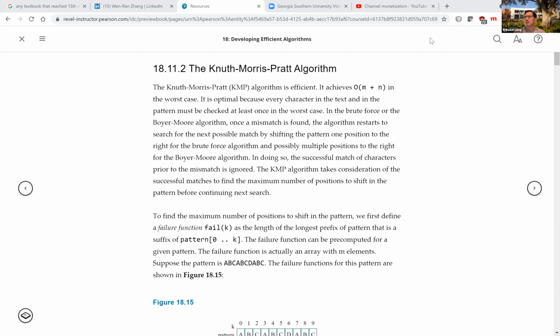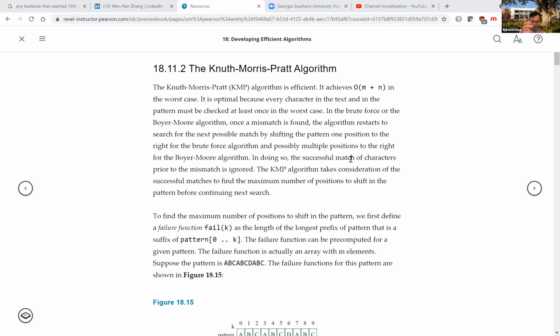But there's one thing: after this comparison, you don't keep information about the previous match. For example, for Boyer-Moore, you compare the pattern with the substring of the text from right to left.